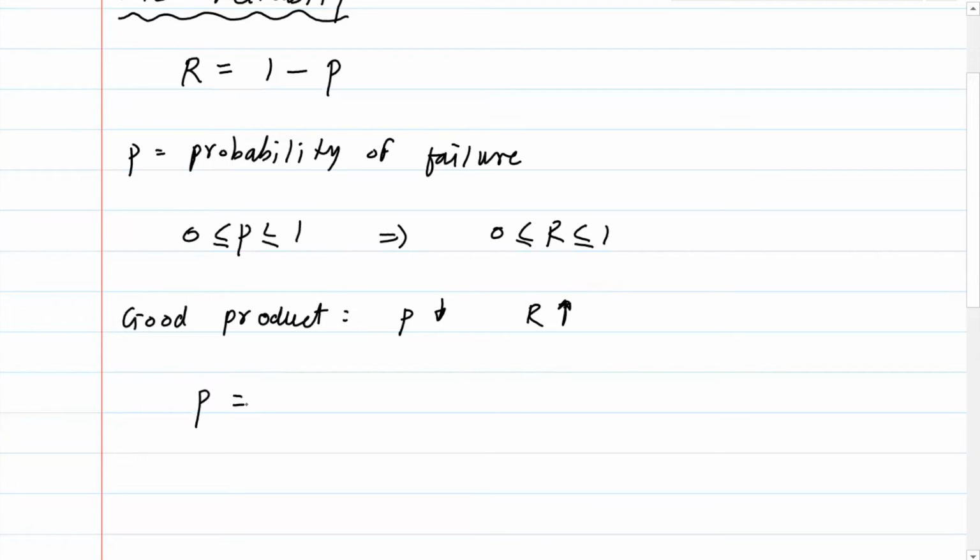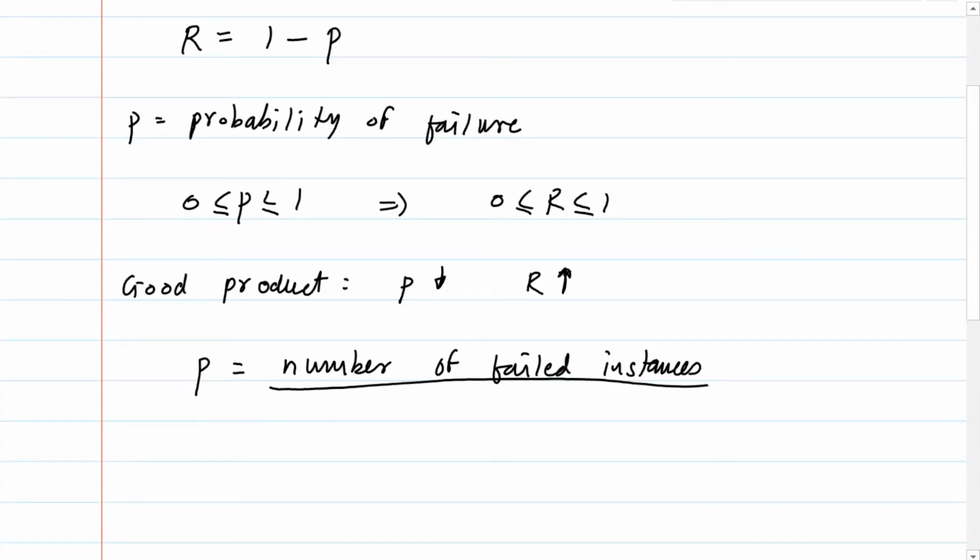So the way to compute P is the number of failed instances divided by the total number of instances. Imagine you're doing an inspection of parts, and in your batch, you inspected 500 parts. Out of 500 parts, 8 parts were defective.